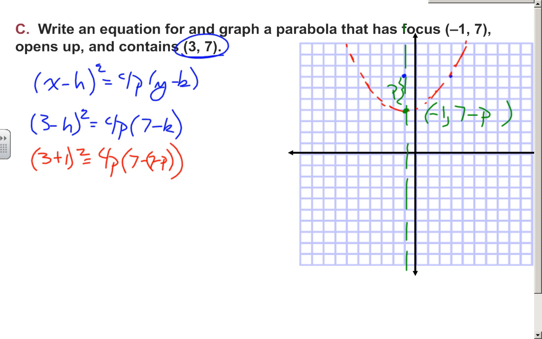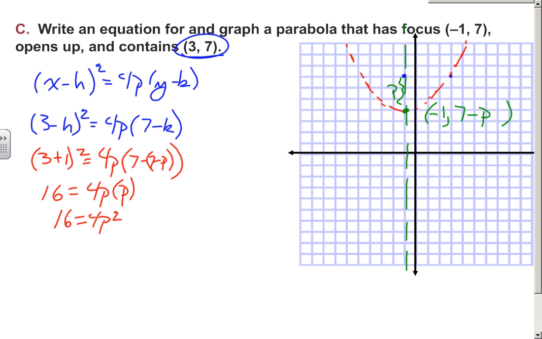Be careful of the parentheses there in distributing. So that gives us 16 equals 4p times, and the 7's drop out here, and we have a minus and negative p or plus p, so that's a positive p, or 16 equals 4p squared.